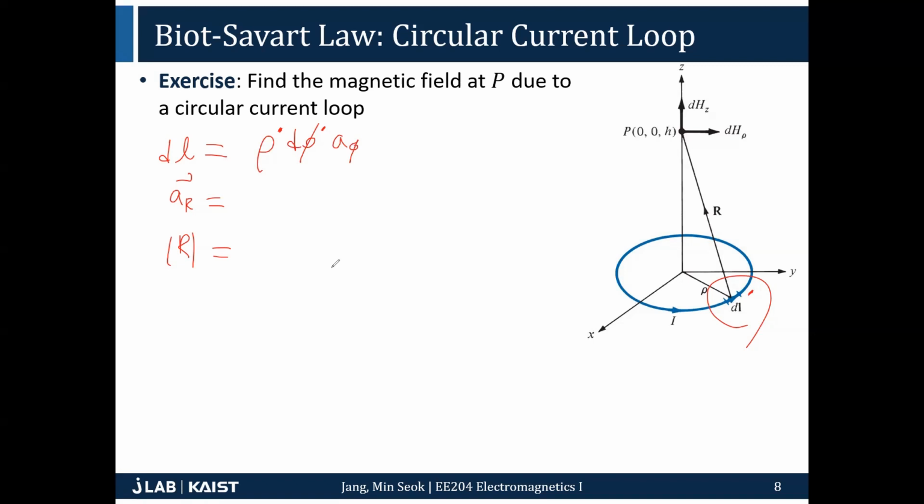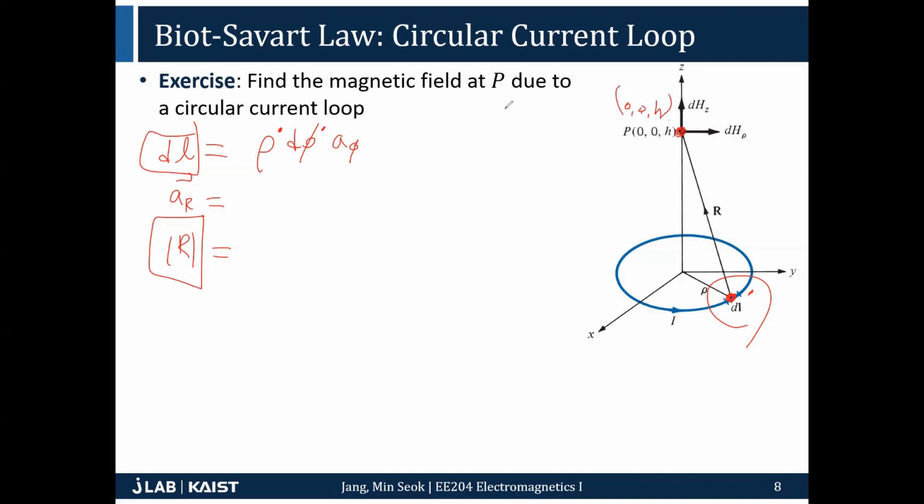Kang Yung said it's a phi d phi, but you miss rho, because this is a length component, you need a scale vector in this case. And what about R then? R is the distance between this position to here, the position of interest, 0, 0, H.